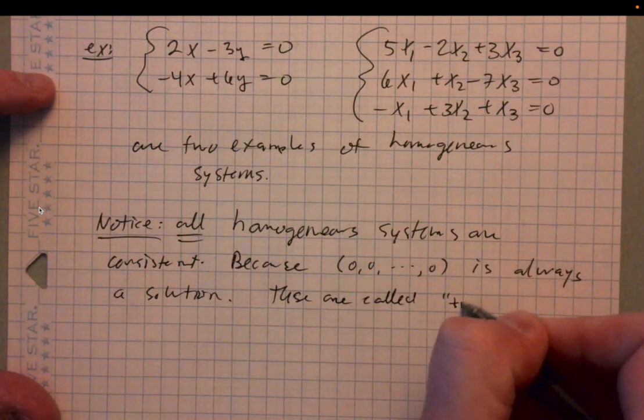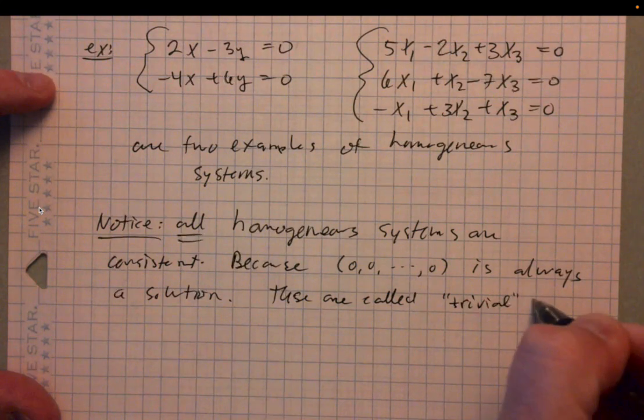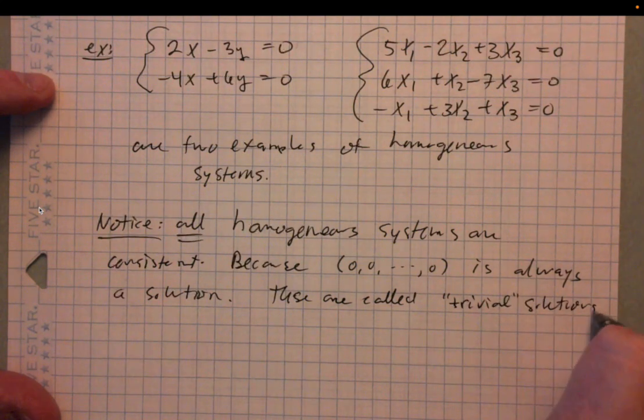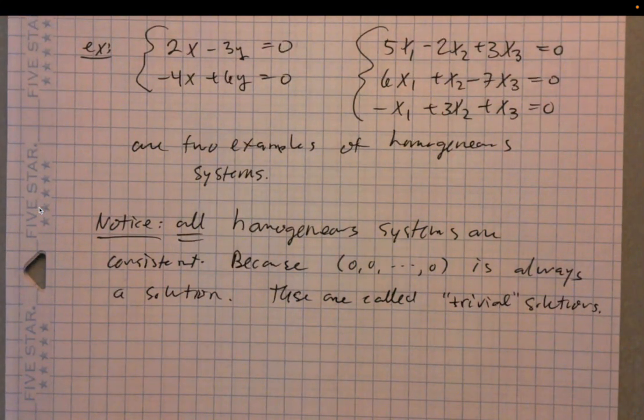Just simply because they're not interesting. Other solutions that are not all zero are called non-trivial. All homogeneous systems have at least a trivial solution. Okay. All right. Very good.